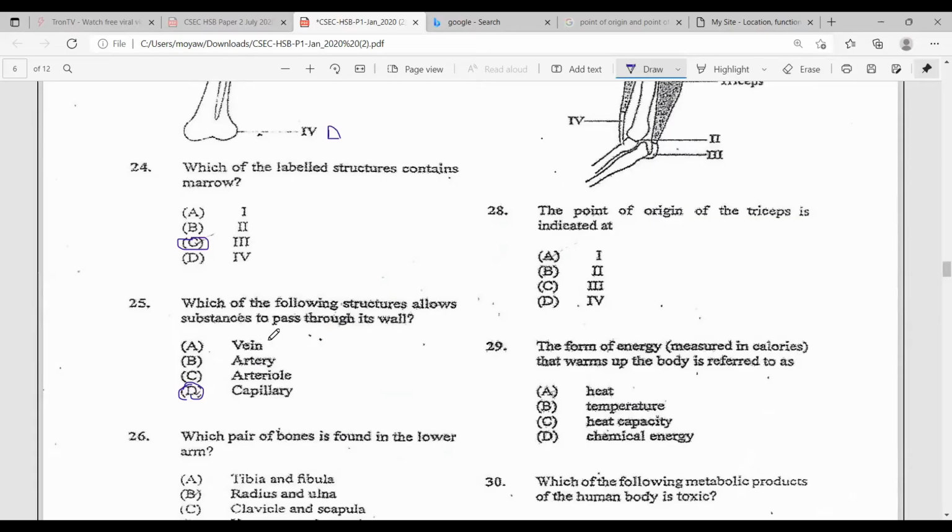The walls of the veins and the arteries are too big for that. It's the same thing with the arterioles, even though they are smaller arteries. Their walls are still too thick to allow substances to pass through. So the best option here would have been the capillary.